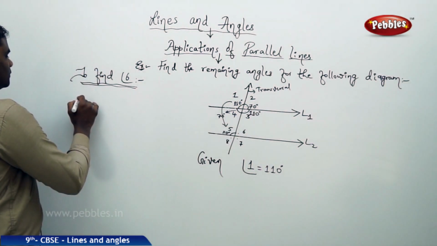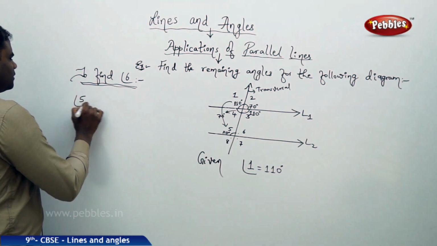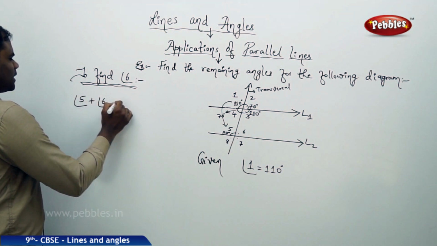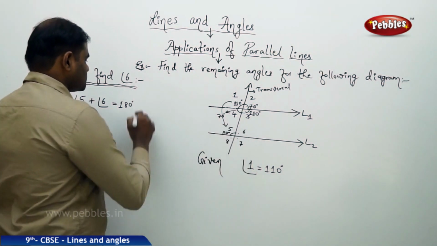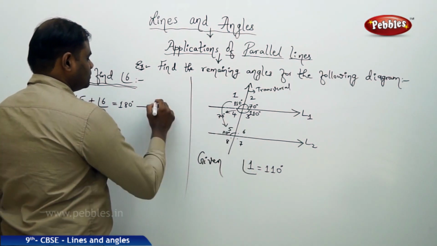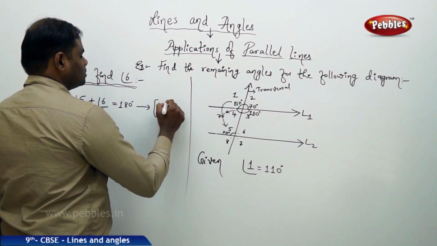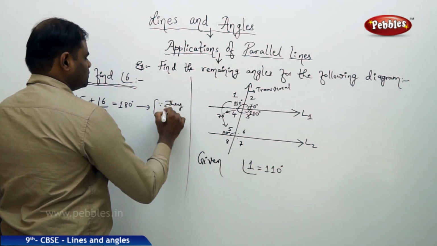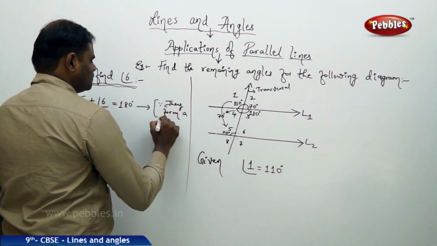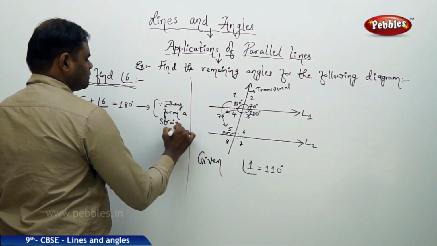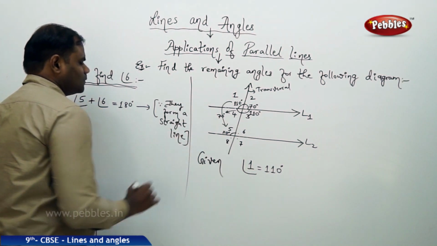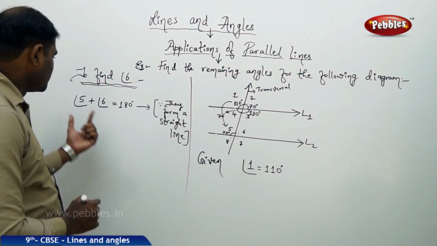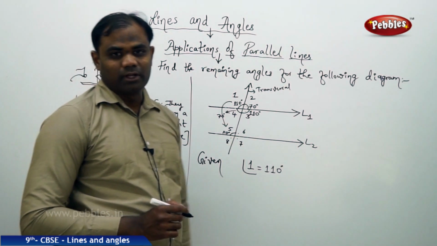So I have angle 5 plus angle 6 which is clearly equal to 180 degrees, since they form a straight line. Therefore 5 plus 6 equals 180.